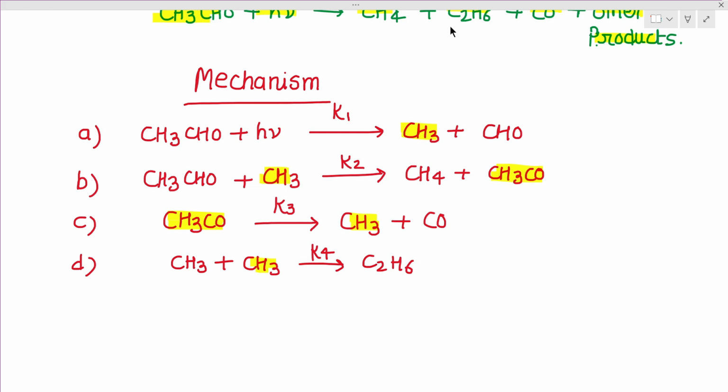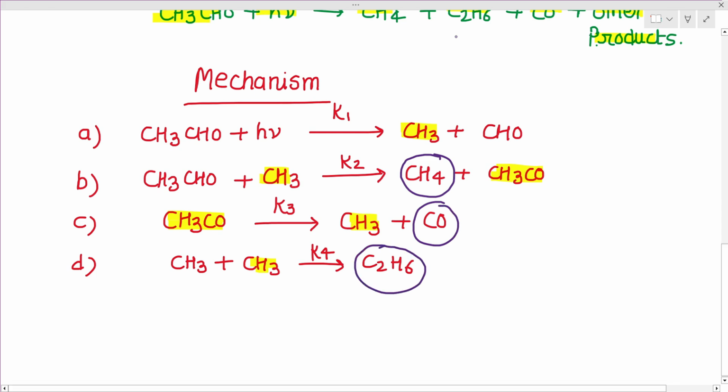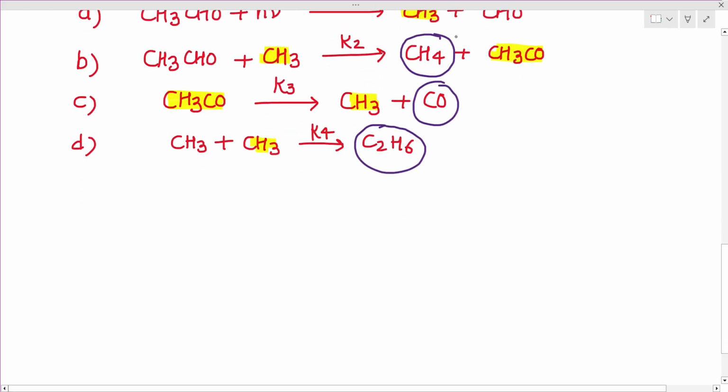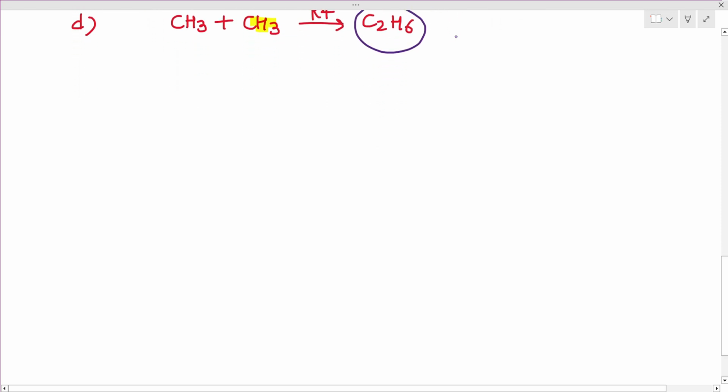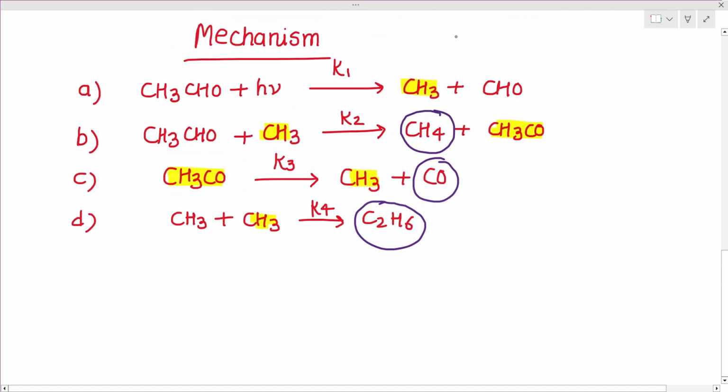Now the products being formed here are methane, carbon monoxide, and C2H6. First we look at the rate of formation of carbon monoxide. This is what we have to see here.